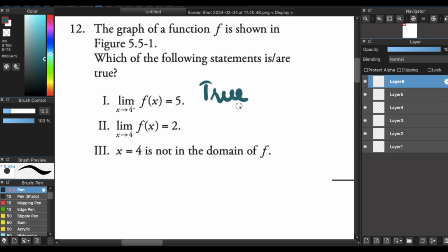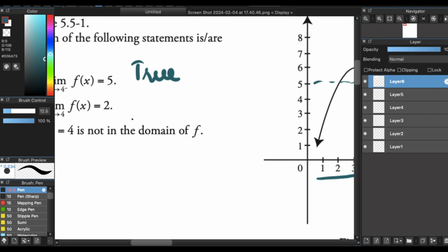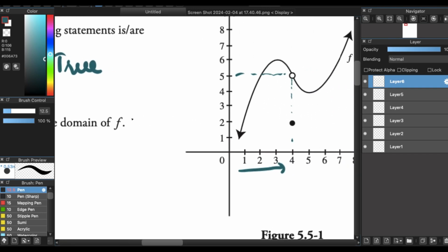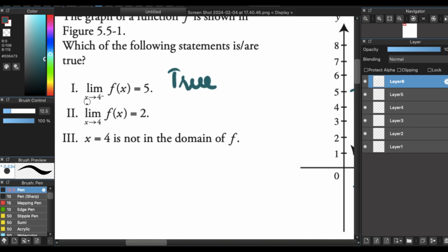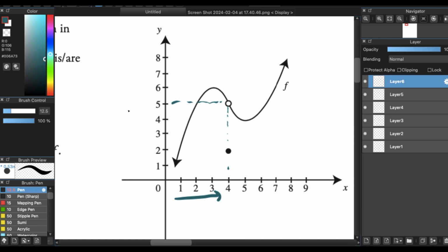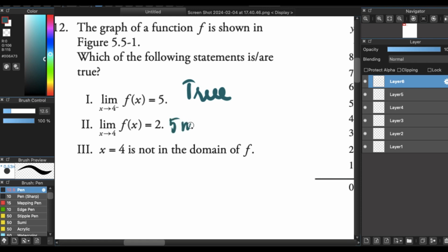The next statement states that the limit when x approaches 4 equals 2. Is this true? We already have the limit from one side equal to 5. So if the limit when x approaches 4 exists, it must be 5, not 2. When x approaches 4 on this side, it's going to be 5, and when x approaches 4 on this side, it's going to be 5. So the limit is actually 5, not 2. So this statement is false.